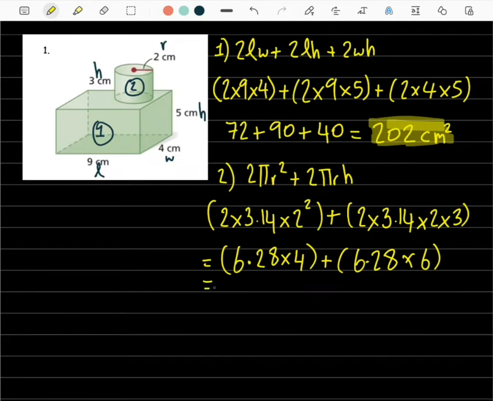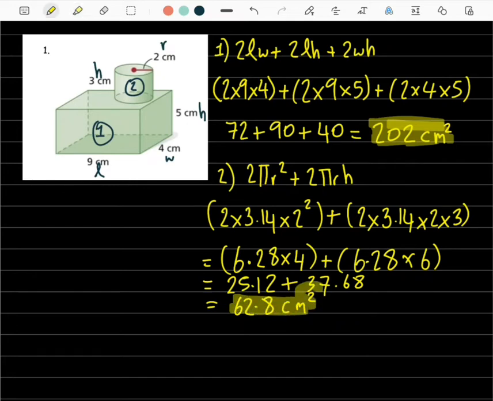Let me use the help of a calculator. 6.28 times 4 plus 6.28 times 6, and if we add it up, we should get 62.8 centimeter square. Let me also highlight it.